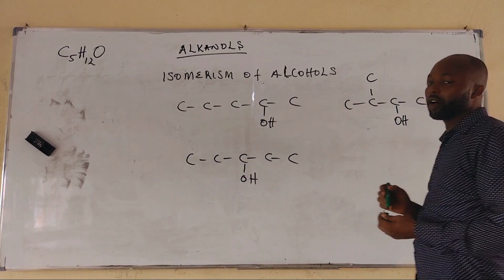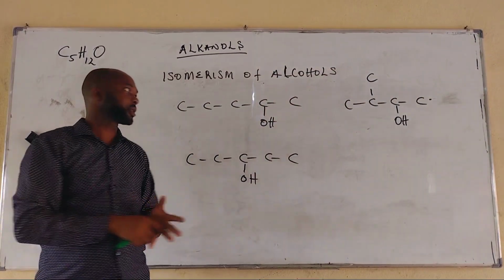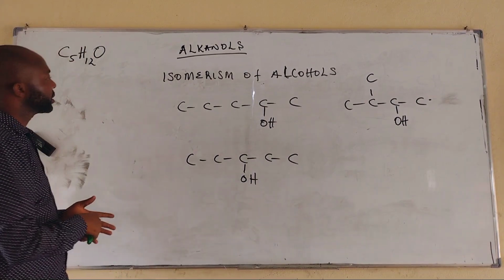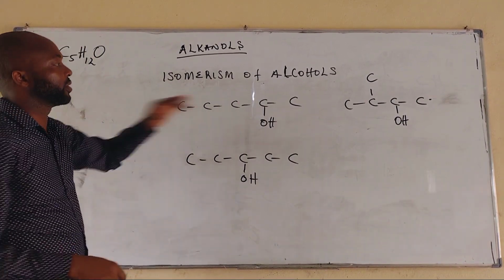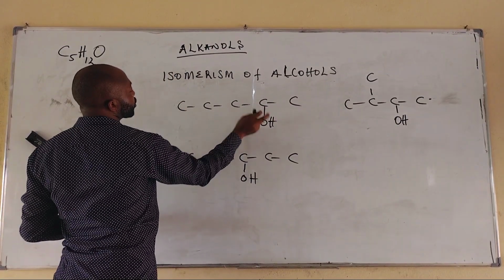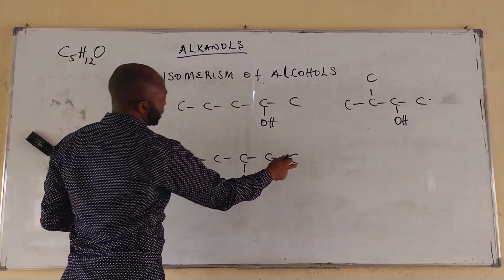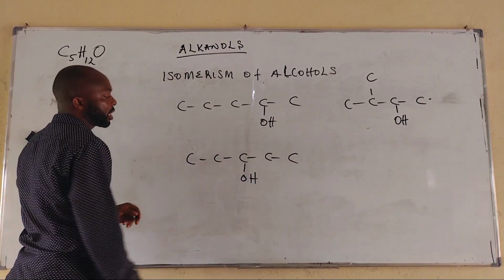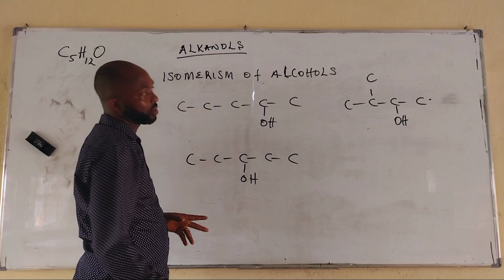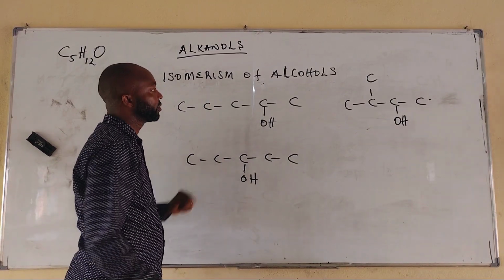They say 3 of them from this. Yes, their structures have been given, but we should give their names. So this is 1, 2, 3, 4, 5. This is 2-pentanol. Yes, this is 3-pentanol. 2-pentanol, 3-pentanol.